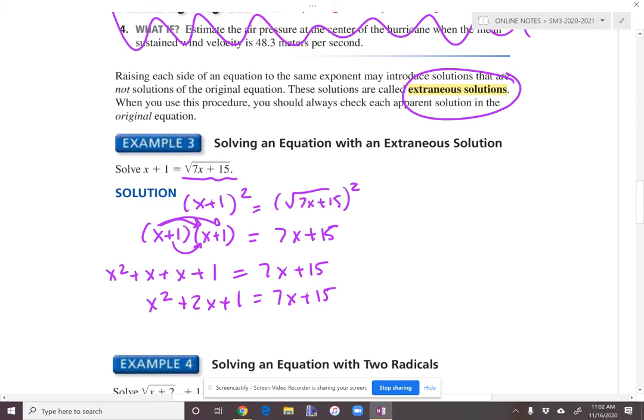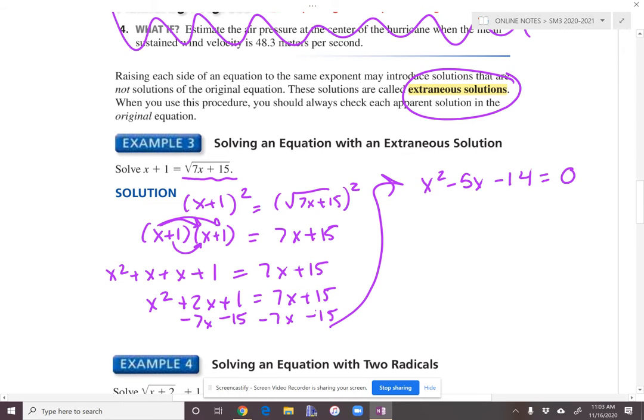And if you notice, you have an x squared and an x in this problem. And when you see that, you should go, oh my gosh, I have to factor. So I'm going to move everything over to one side. And I get x squared minus 5x minus 14 equals 0.